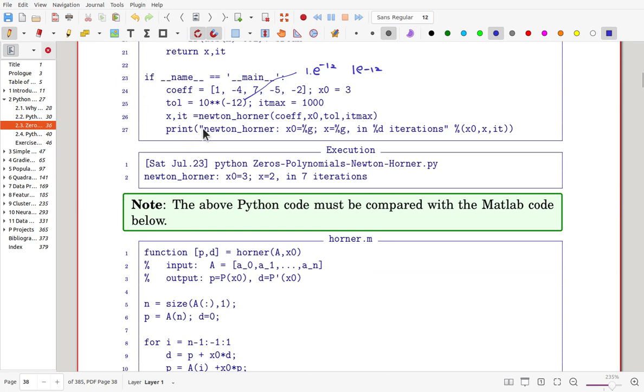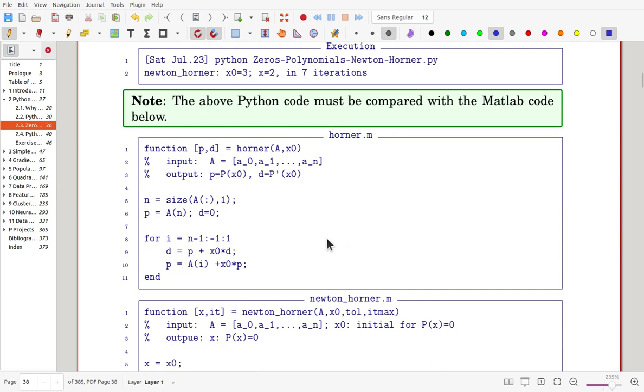The above Python code must be compared with the following MATLAB code. Here in MATLAB, the difference is almost nil. Rather than an to a0, we are using the opposite way. I also want to show you that once it is from a0, the order is given, then how the code is organized there.